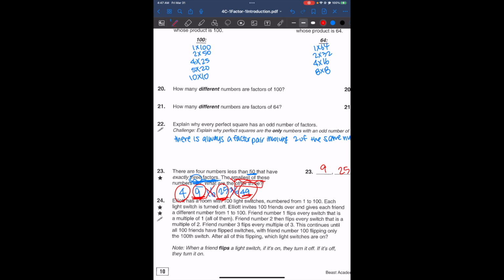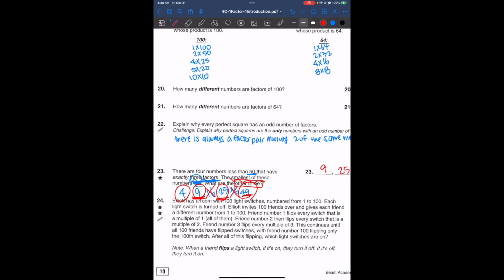And so we know that every friend flips the switches whose numbers are multiples of his or her number. So for example, the factors of 15 are going to be 1, 3, 5, and 15. So switch 15 is going to be flipped by friend 1, friend 3, friend 5, and friend 15, and so on.